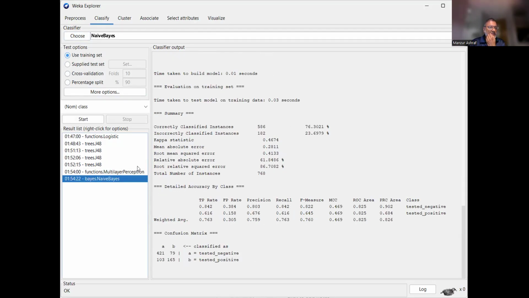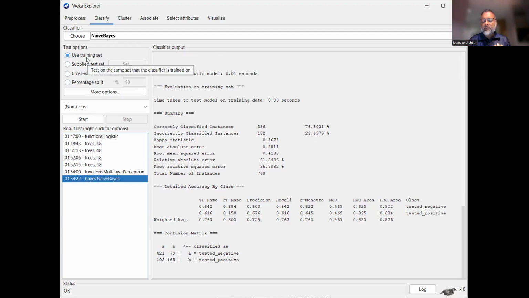Okay. So we actually ran three different algorithms: Bayes, the neural network, and the decision tree, J48 algorithm, right? So J48 seems the best, right? Here you can see that J48 is 84% accurate, the neural network is 80% accurate, and naive Bayes is 76% accurate. And I used the whole data set, the training set, for all three algorithms.